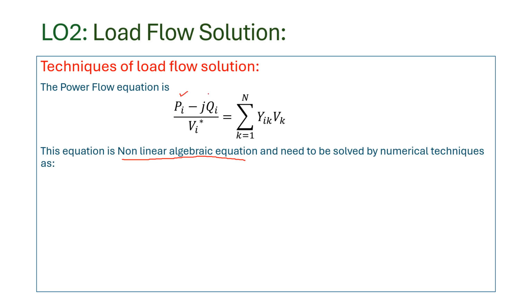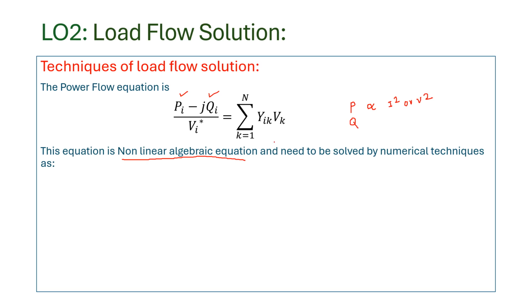the real power and reactive power terms present in this equation make this equation non-linear, because we all know that power, whether it is real power or reactive power, is proportional to I square or V square, and that's why this equation is non-linear.